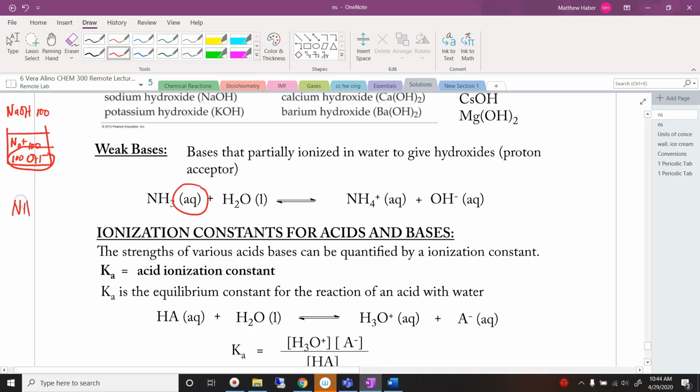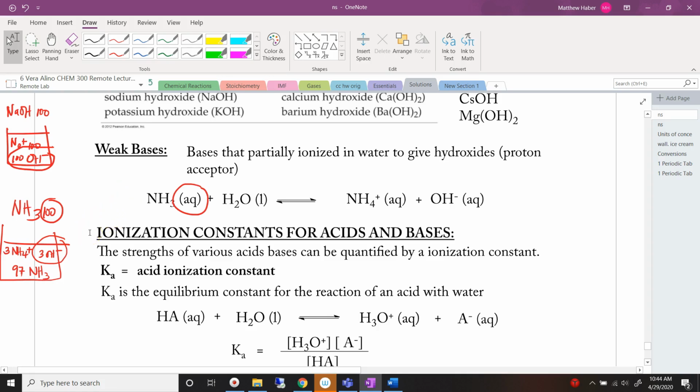Whereas if you have ammonia, if you try to bubble that gas in water, and you have 100 molecules of ammonia, only 3 of them break apart into ammonium ion and hydroxide ion, while the remaining 97 stay as ammonia. So that's why it releases only 3 hydroxide ions. Even if it has the capability of giving 100, it only dissociates 3, which makes it a weak base.